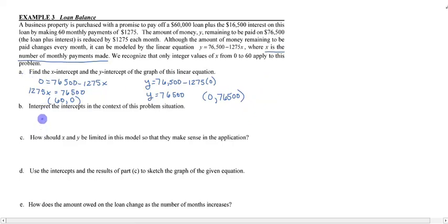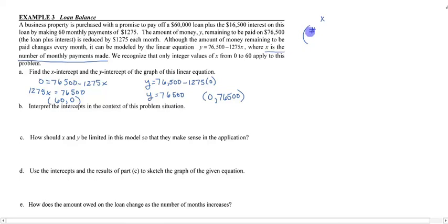Interpret the intercepts in the context of this problem situation. At this point, I think it's a good idea for you to specifically write out what the x and the y represent for every point in this function. We already underlined x is the number of monthly payments made.